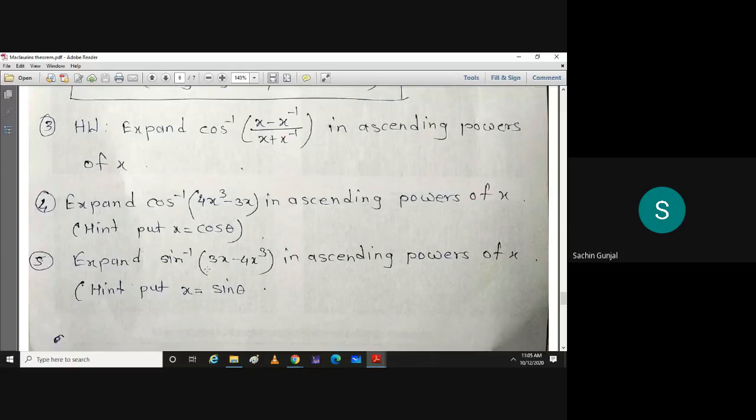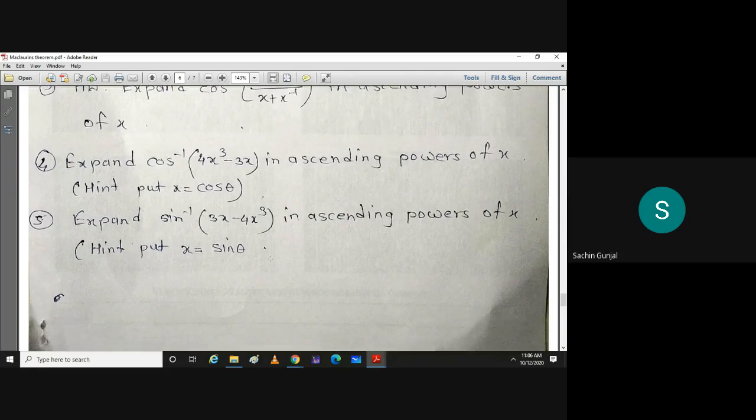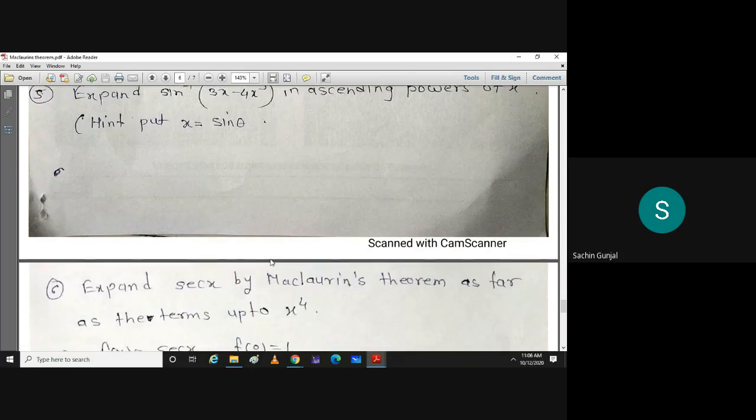Here also, sine inverse of 3x minus 4x cube, the substitution is x is equal to sine theta. In this fourth problem, you should know the expansion of cos inverse x, and in this fifth problem you should know the expansion of sine inverse x. Are you getting my point? Yes, sir. Okay, I'll share this PDF after this lecture, so you can practice it.